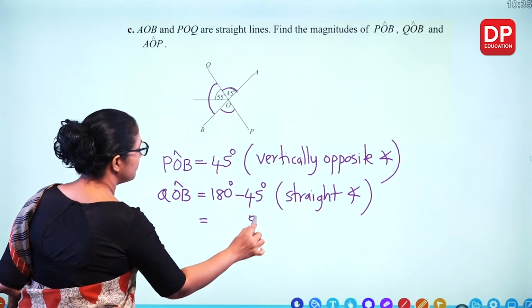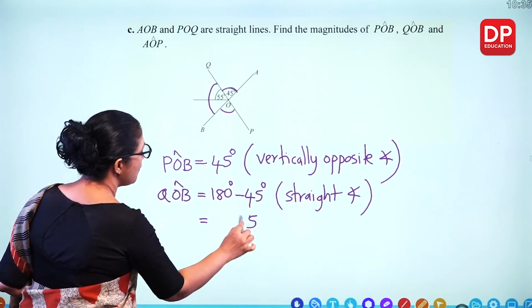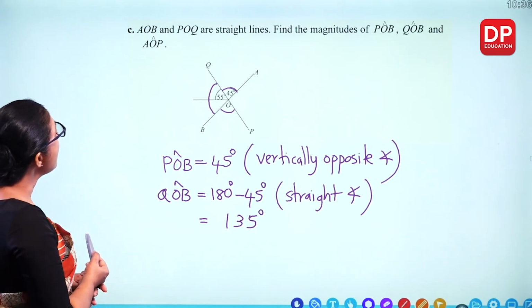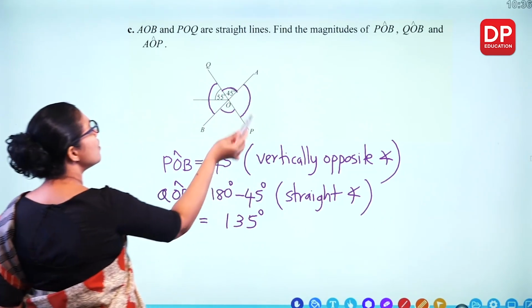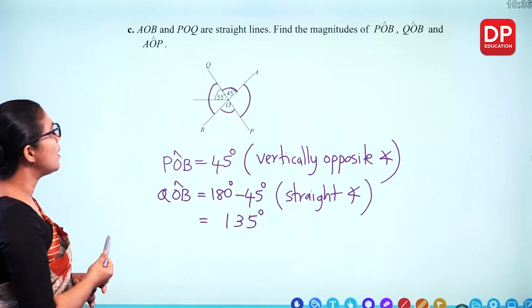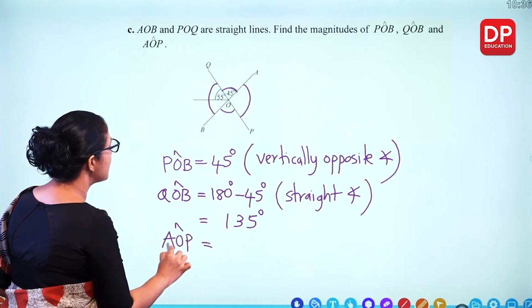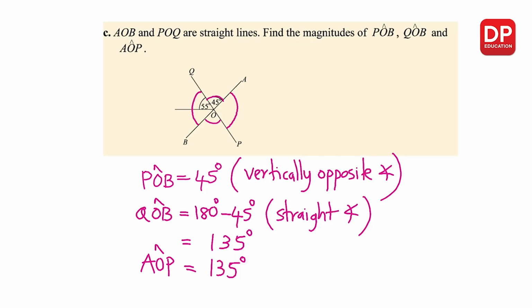So that's 135 for QOB. And AOP. AOP is this angle. Vertically opposite angles are equal. So AOP is the same as QOB. So that's 135. Vertically opposite angles are equal.